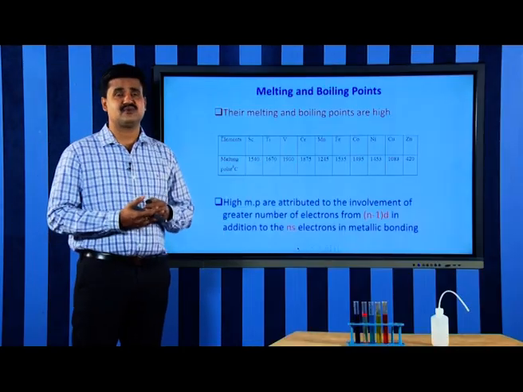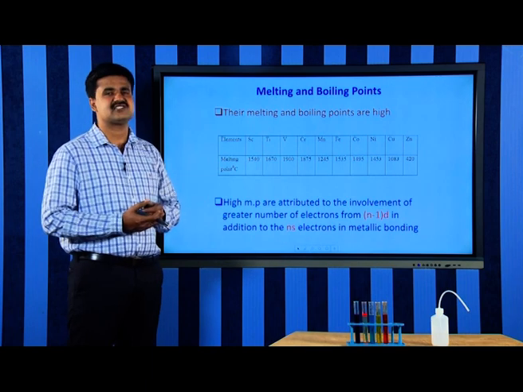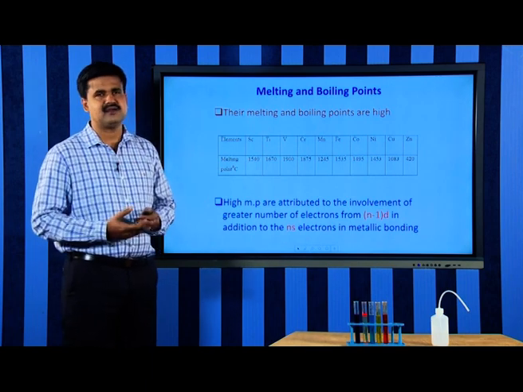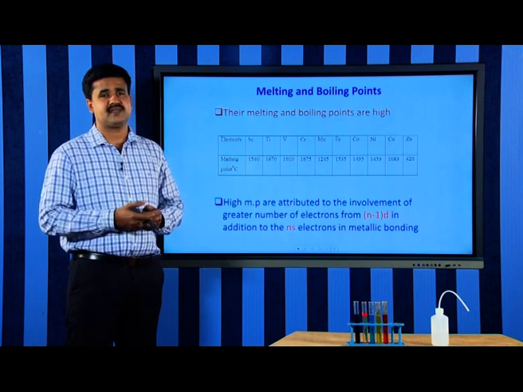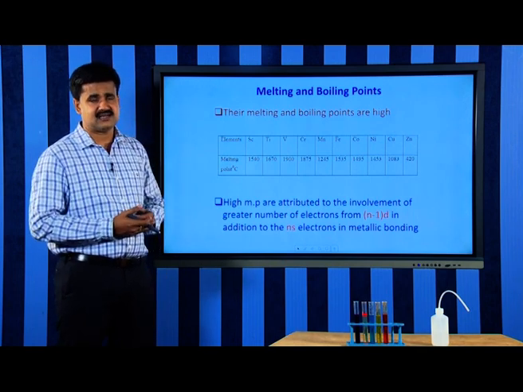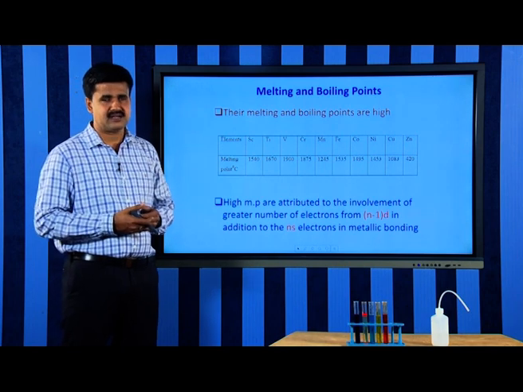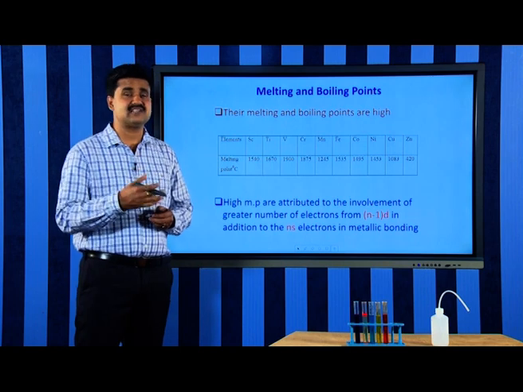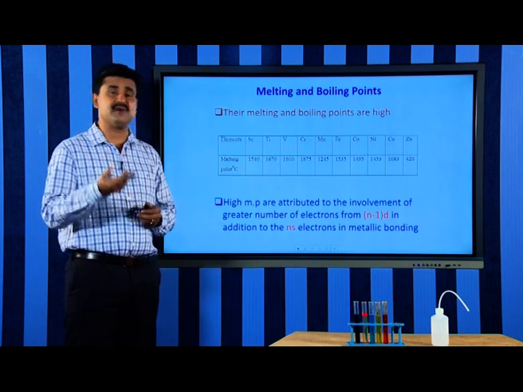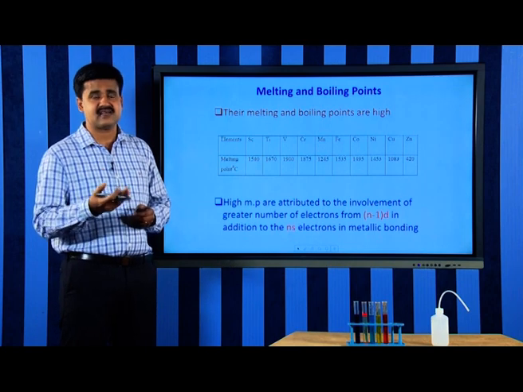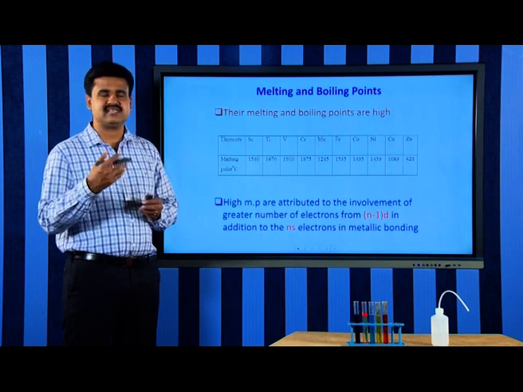What is the reason for this very high melting point associated with the transition metals? The reason is simple. In the case of transition metals, electrons from the n-1 d subshell and ns subshell are involved in chemical bonding. The chemical bond present in a metallic solid is called metallic bonding. So, the number of electrons available for metallic bonding is higher in the case of transition metals, hence the melting point is high.